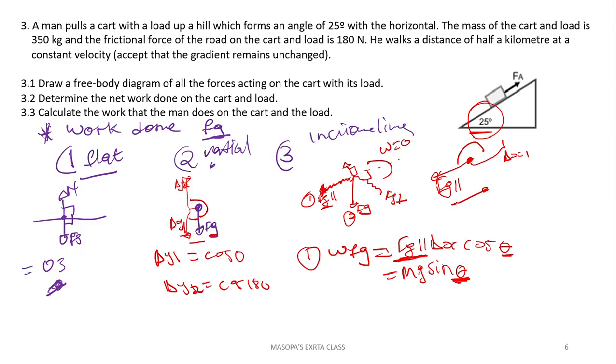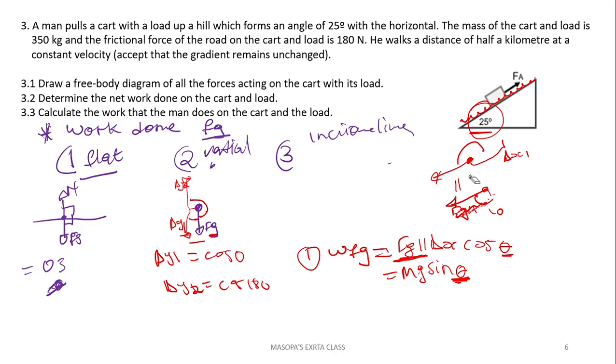Then if we have Fg like this and they release the object, the angle between Fg and your delta x will be 0. Also remember that your incline is your delta x.